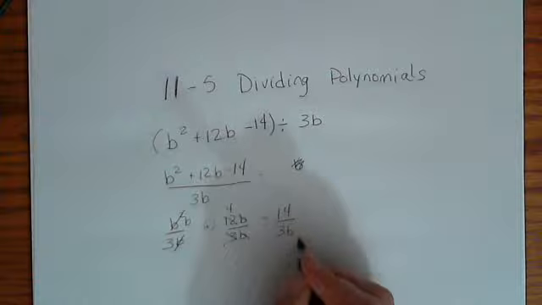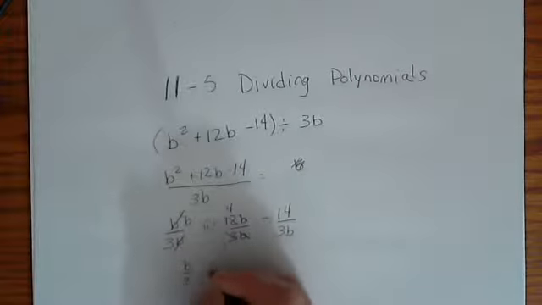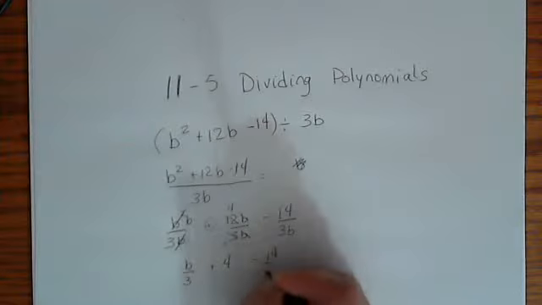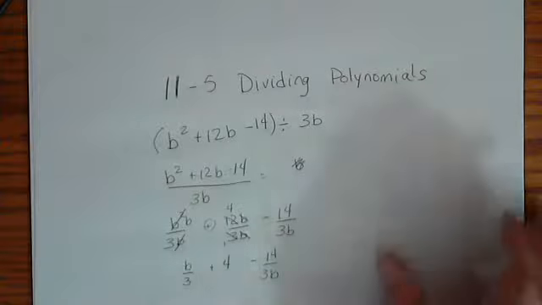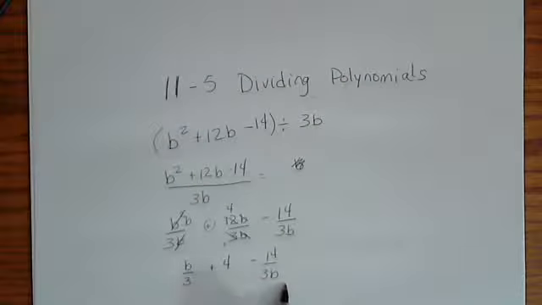And nothing's going to cancel here, unfortunately. So here I have b over 3 plus 4 minus 14 over 3b. And that's the way we would simplify that sort of division, is to split it into 3 fractions.